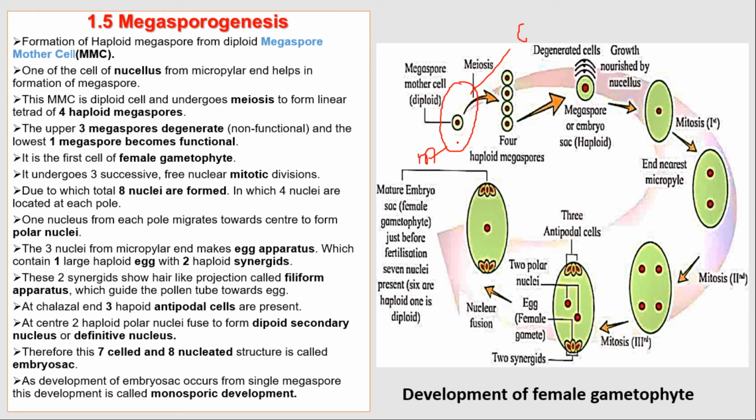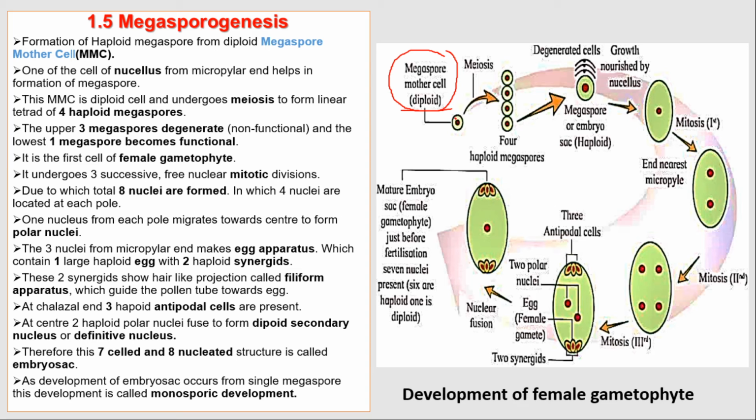We know nucellus cells. Now what happens is, one of the nucellus cells from the micropylar end helps in formation of the megaspore. So the megaspore is produced from this nucellus cell. This nucellus cell is now called the megaspore mother cell, which is diploid.